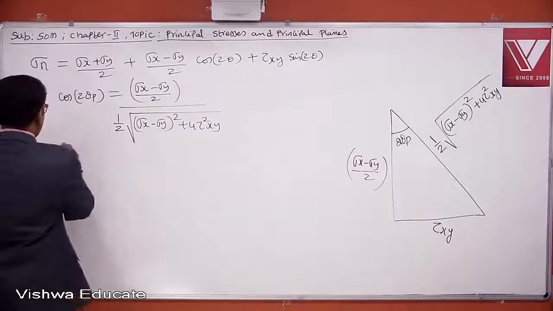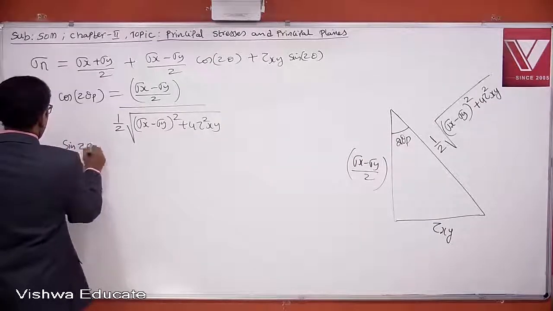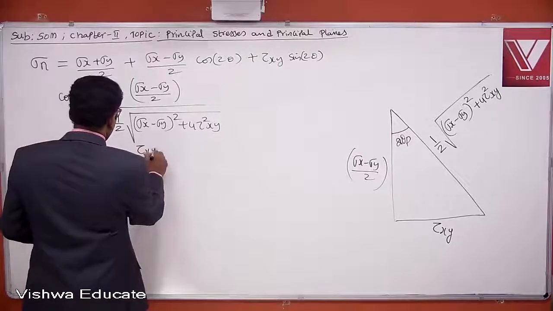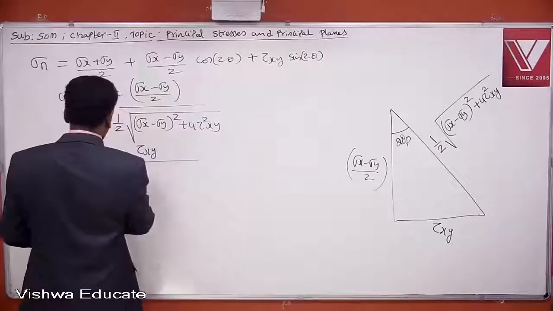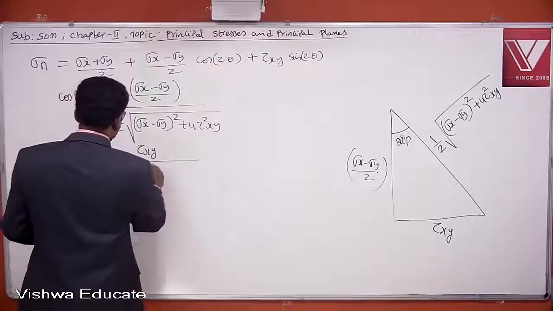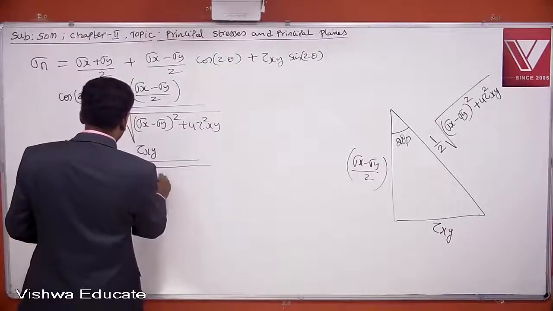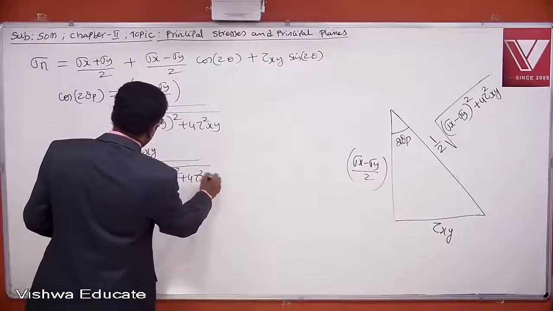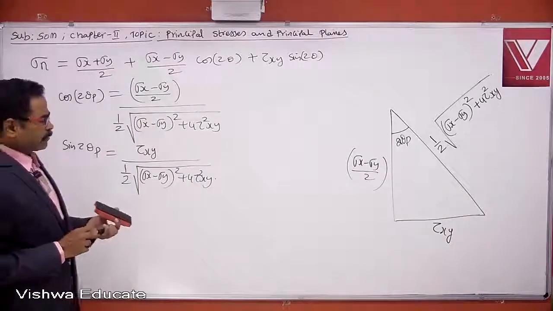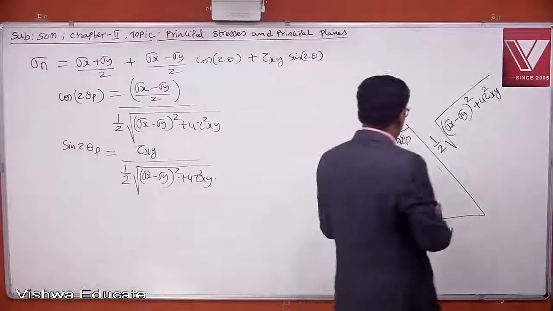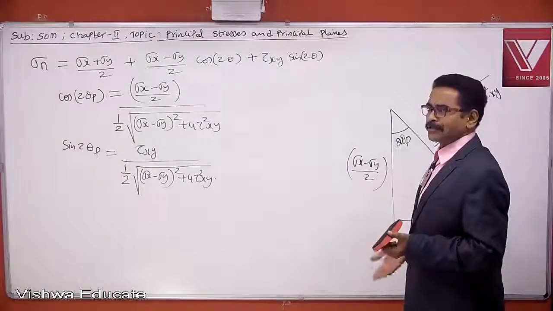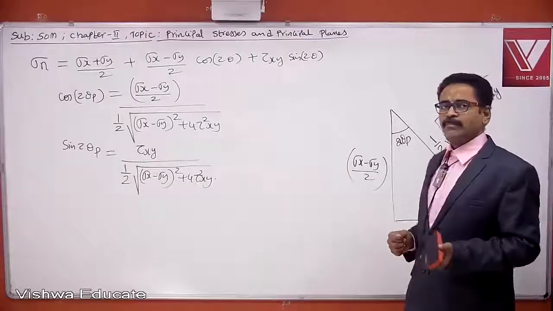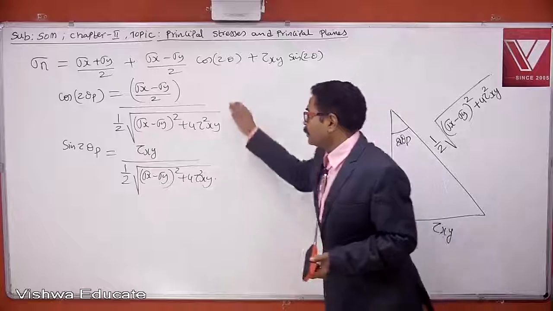Similarly, let us write sin 2 theta p. Sin 2 theta p means opposite side by hypotenuse, that is tau xy divided by half into the square root of (sigma x minus sigma y) whole square plus 4 tau square xy. So from this triangle we can write this too. Simply, cos means adjacent side by hypotenuse, sin means opposite side by hypotenuse. Please copy these two.